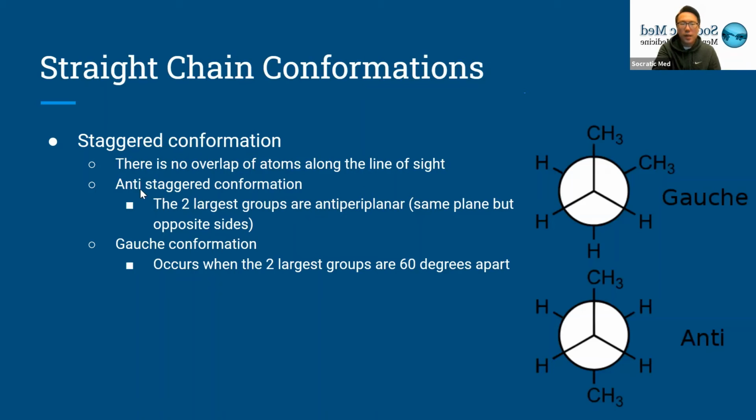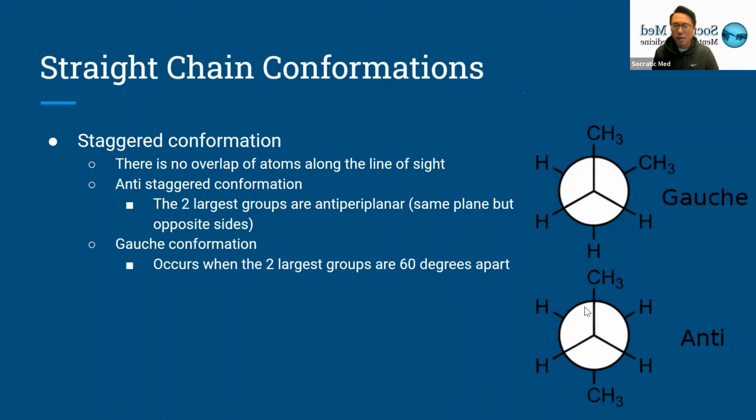The first type of staggered is anti-staggered. This is when the two largest substituents are anti-periplanar. So this is when they're on the same plane but on opposite sides. As you can see on the bottom, the two big methyl groups are on the same plane, since they're both a solid line, but they're anti because they're directly across from each other.